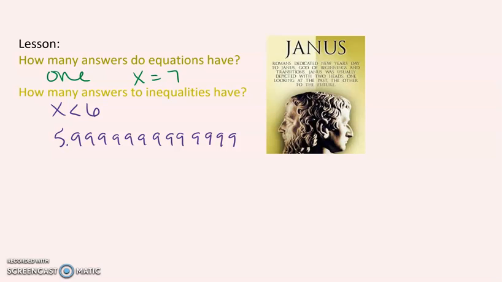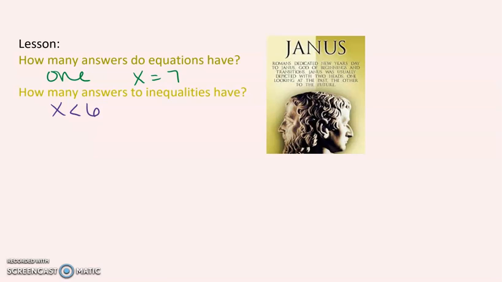But we're just going to round up to the nearest whole number that we can, just to make it a little bit easier to write. So this means that 6 is not actually part of the answer, but it's the closest thing that we can get to having a nice, easy answer.